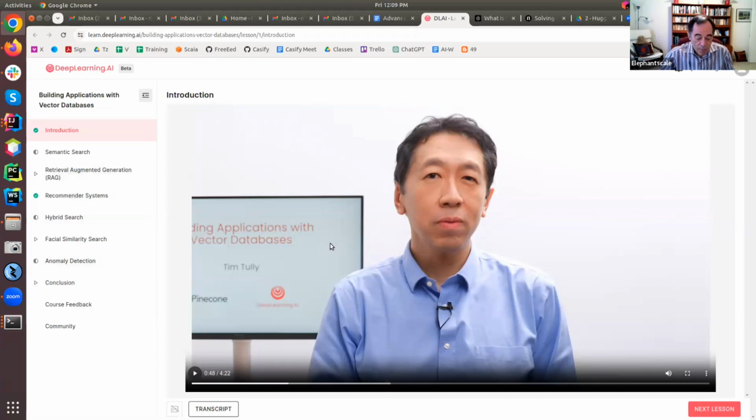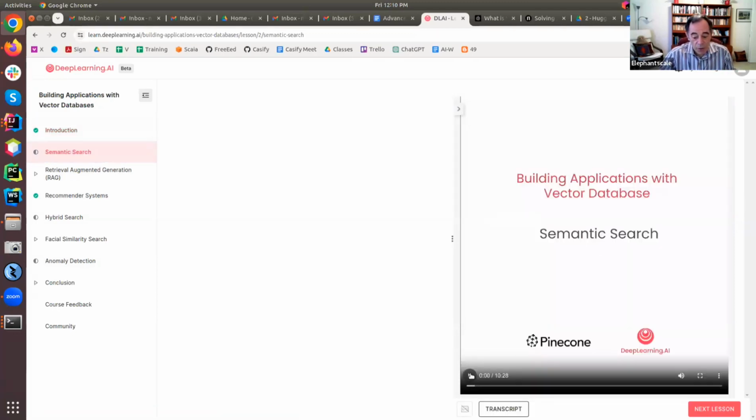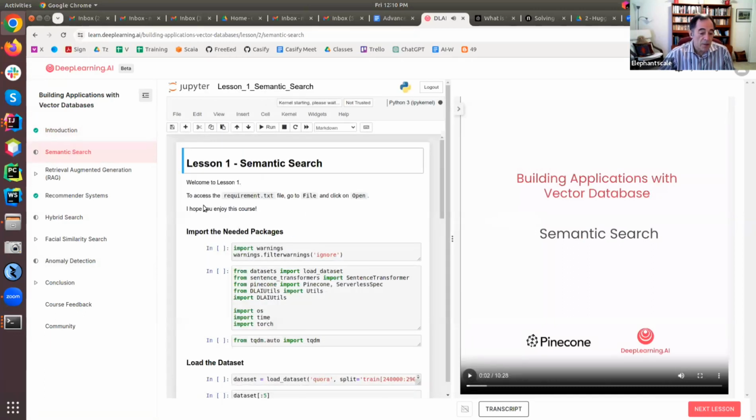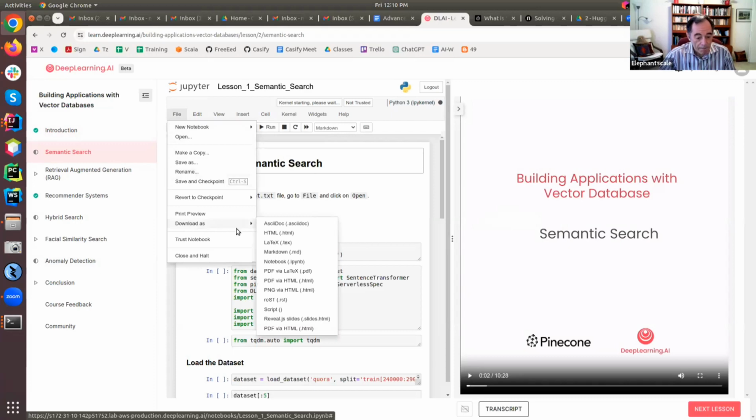If you want to really gain useful information out of there, you will have to download the notebooks. So if you go to the next one, for example, and ask it to start, semantic search is a type. The minute it starts, it shows up the notebook. I showed you that you can simply download a notebook like this: export, download as notebook. And if you put it into Jupyter right away, it will not work.